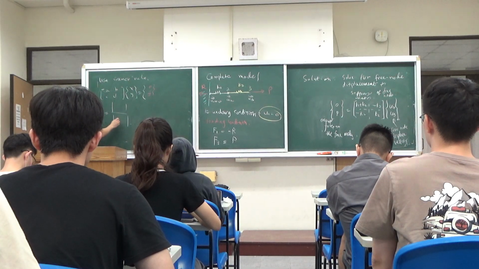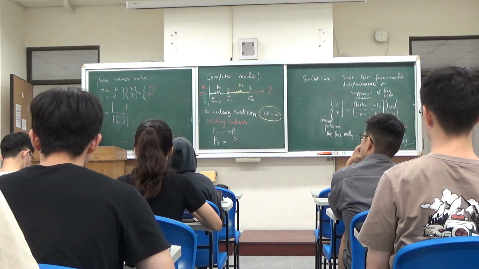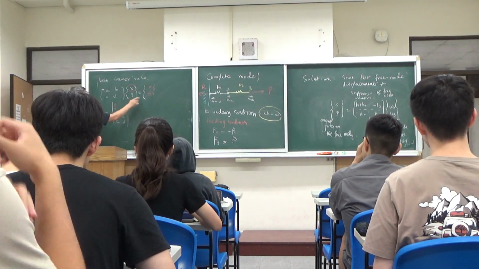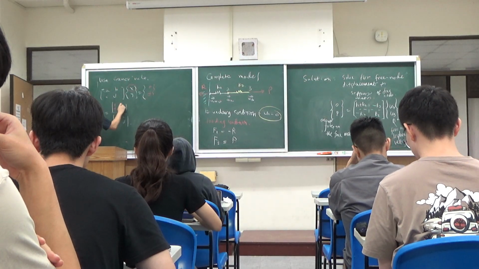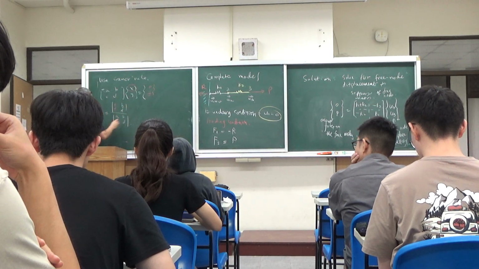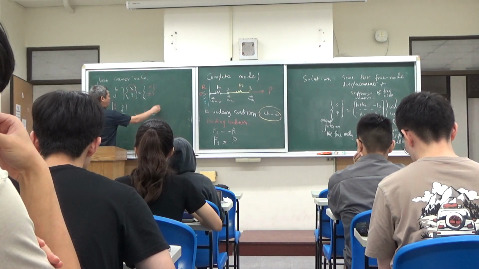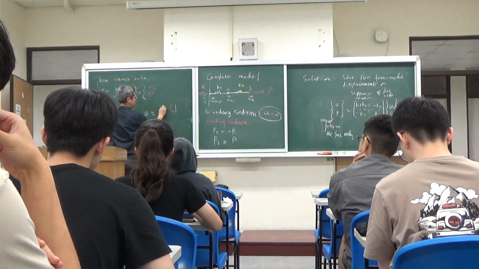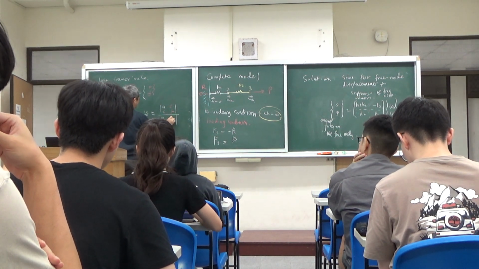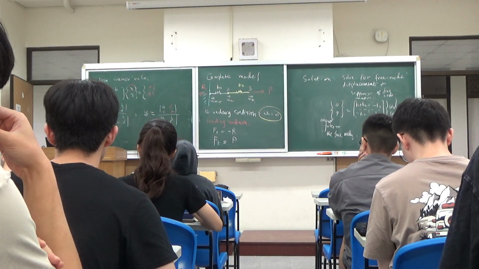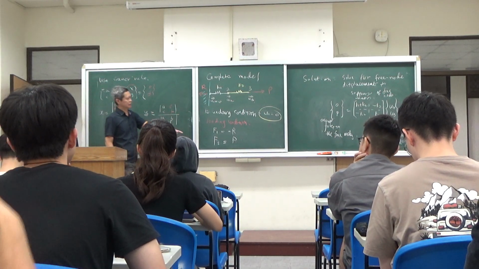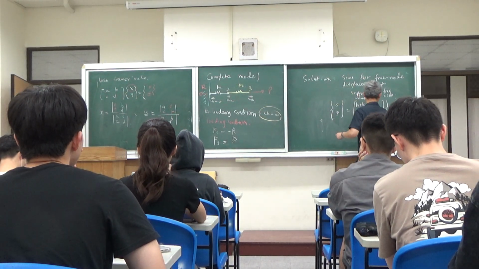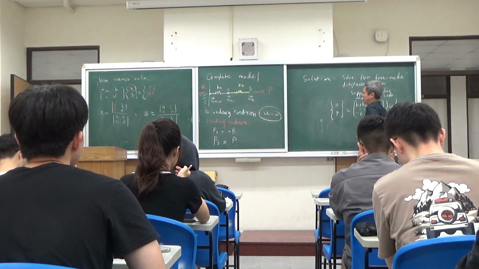In the denominator is A, B, C, D. In the numerator, the determinant has the first column replaced by the right hand side, and the rest stay on. And then how about your y? Your y has the second column replaced by E, F, and then the rest remain. Okay, the determinant in the denominator is the same. So if you are using this method, how do you do the solution? Isn't that quite a straightforward one?